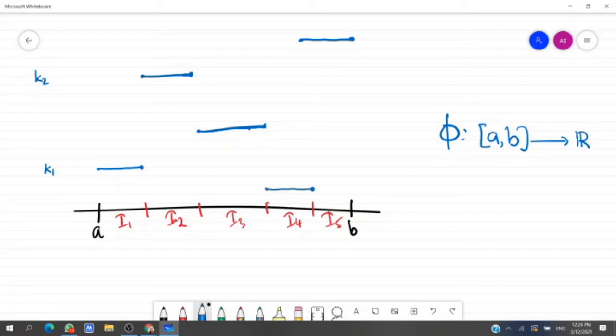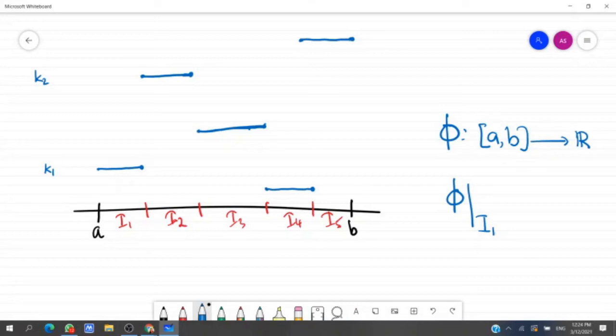If you consider the restrictions of a step function onto the subintervals I1, I2, I3, I4 and I5 of closed interval AB, on each of the subintervals the restriction of phi is a constant function. The restriction of phi to I1 is a constant function K1.